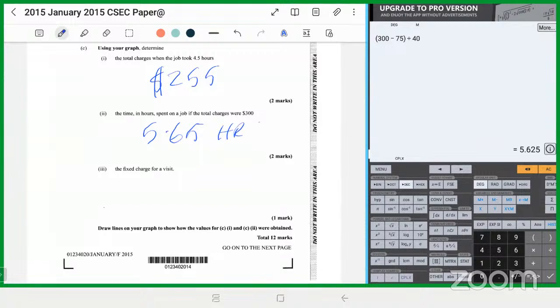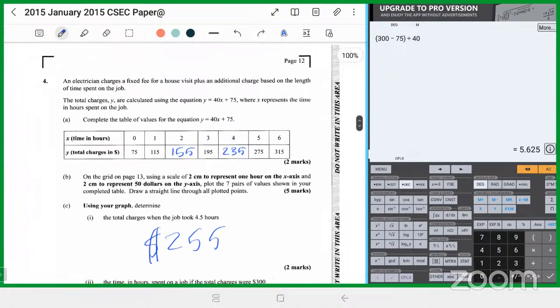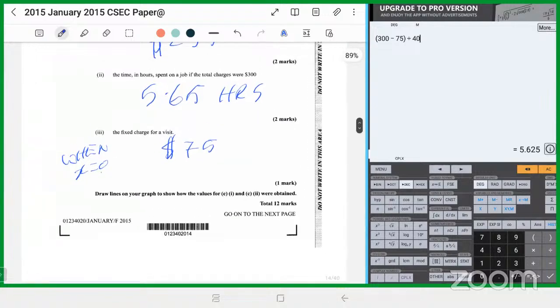5.65 hours. Then it says, what is the fixed charge? The fixed charge is $75, obviously. It is the charge when x equals 0. When the time spent is equal to 0, you get the fixed charge. Put 0 in the formula right here for the x, and you're going to get a $75 fixed charge. All right, and that ends that question.